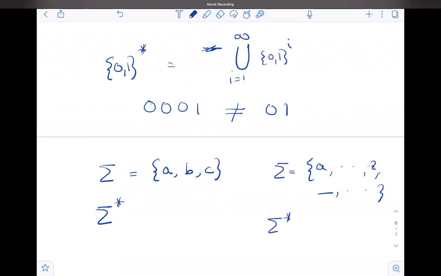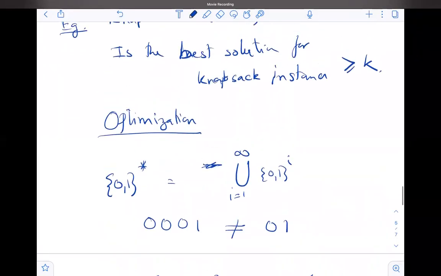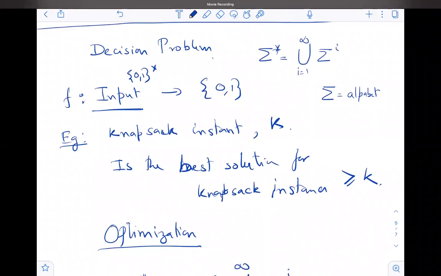So you can think of this input as a mapping from sigma to the power star to 0, 1. You can think of sigma as 0, 1 if you want, so a mapping from 0, 1 to the power star to 0, 1. So we are talking in terms of a general problem, not the knapsack.